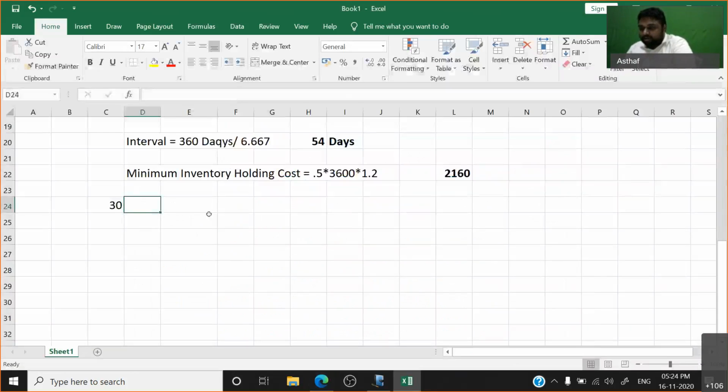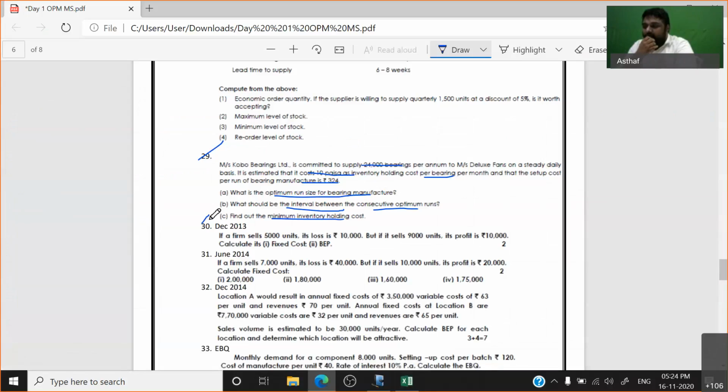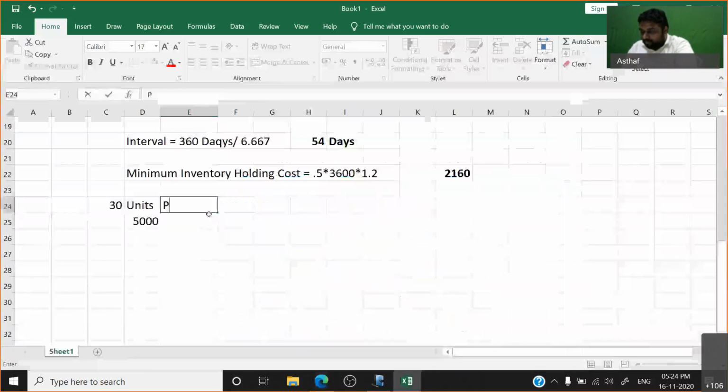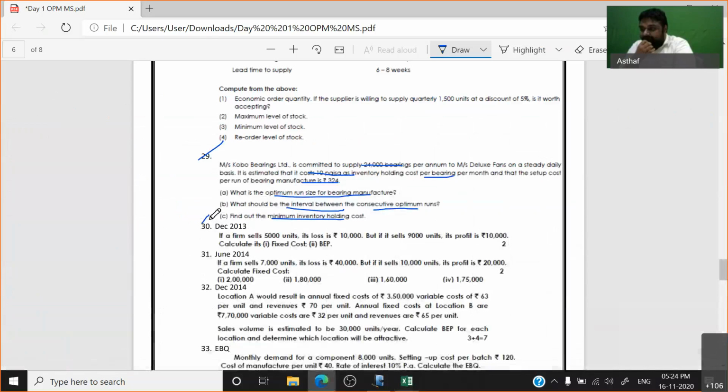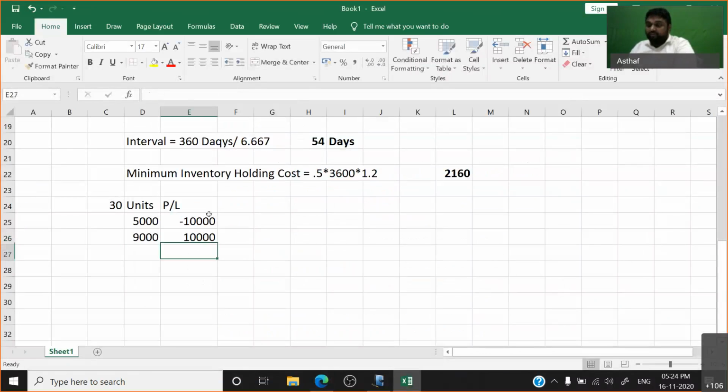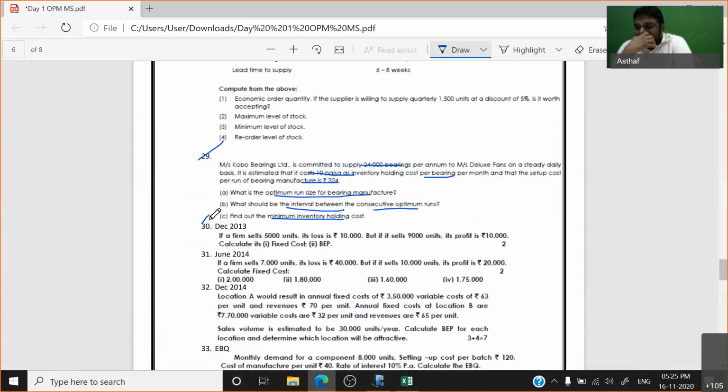If you are selling 5,000 units, you are having a loss of 10,000. But if you are selling 9,000 units, you will get a profit of 10,000.